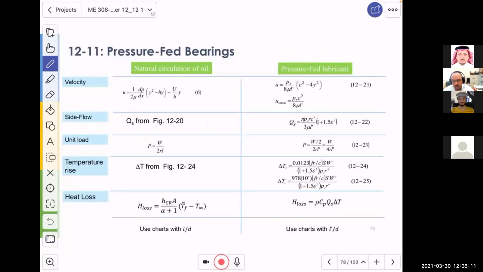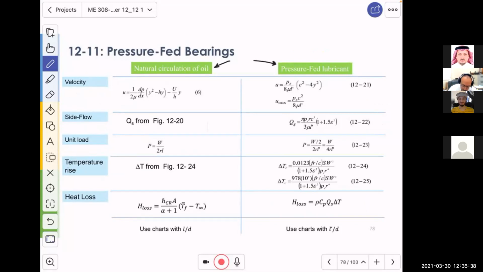In reality, just to make it easy for you, and in order to save time, without going into the hassle of the derivation, I'm putting this table for you, which compares the naturally circulating oil system, which is the self-contained bearing, and the pressure-fed lubrication system.